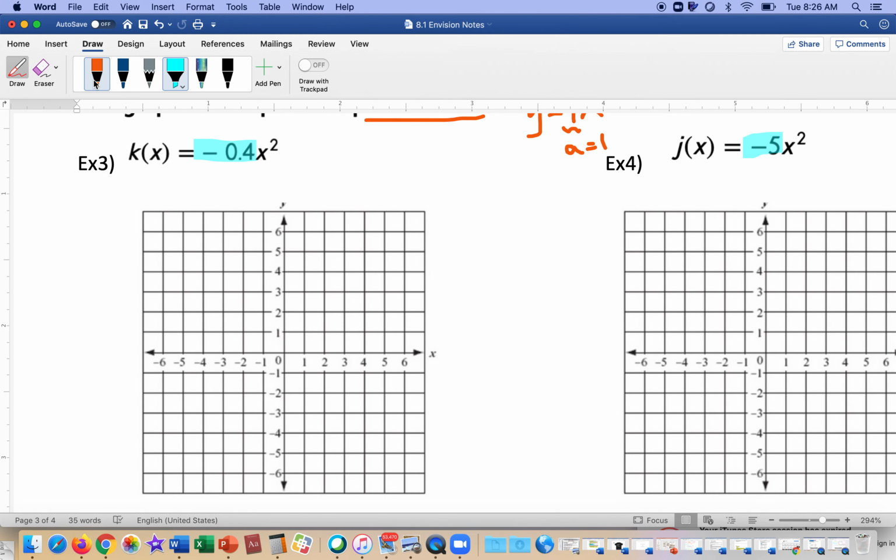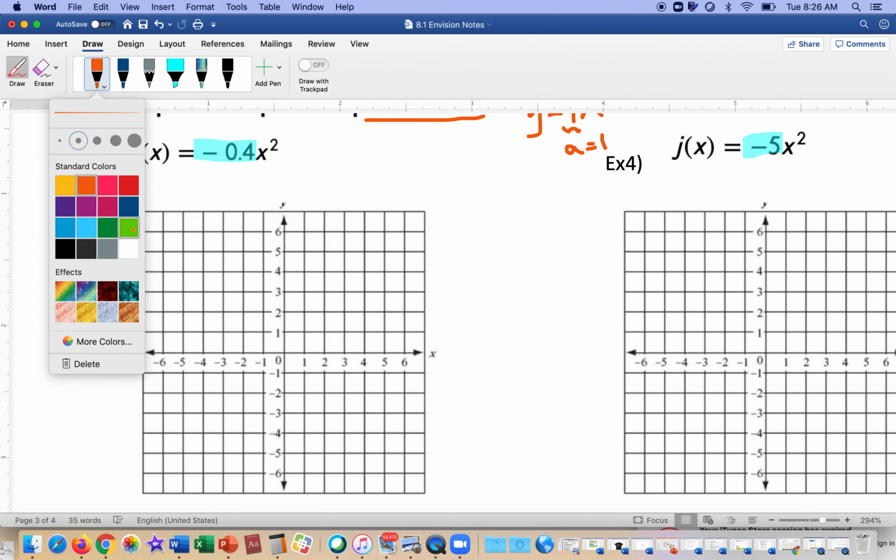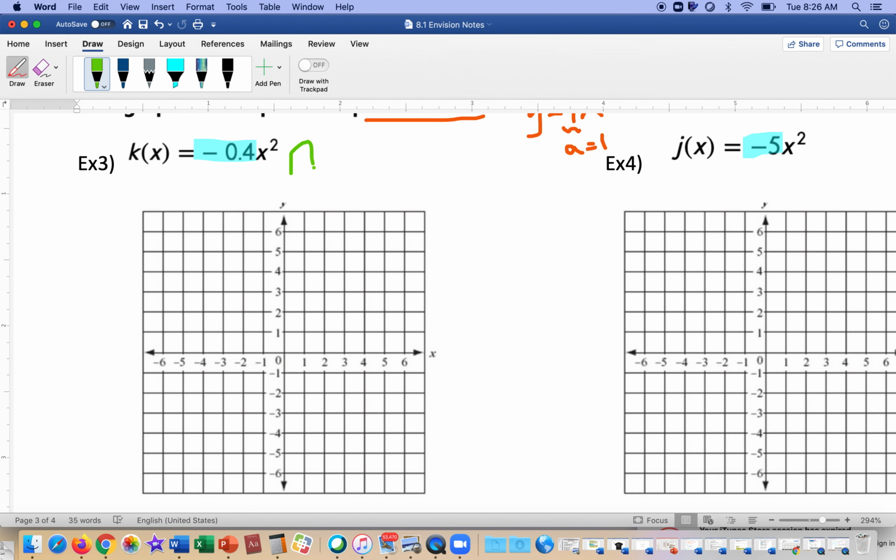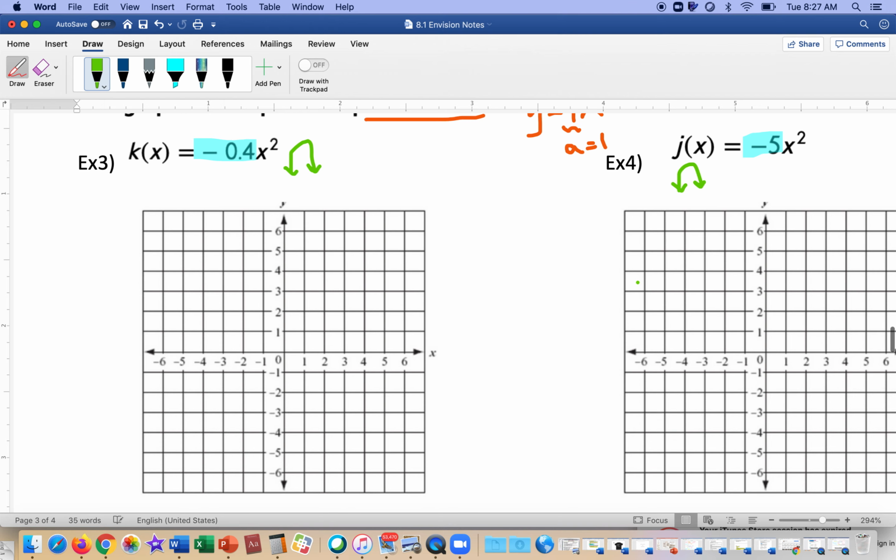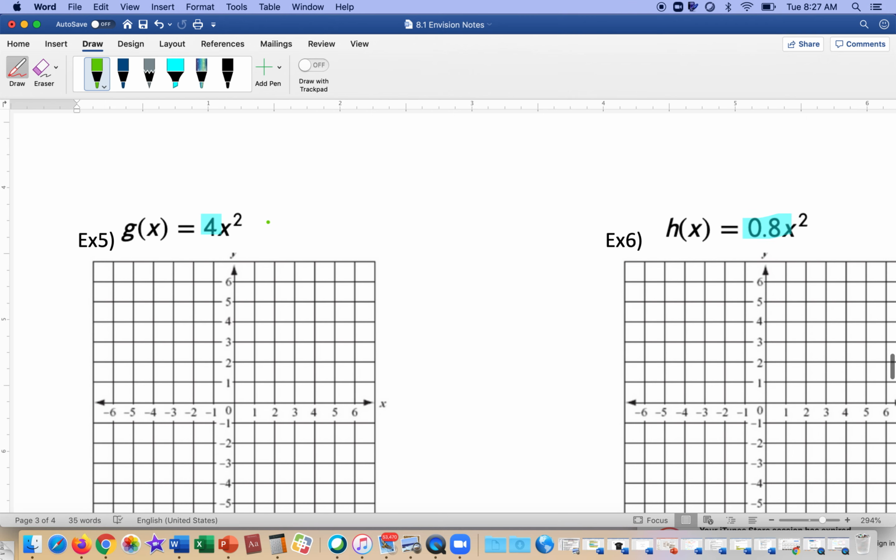For the first one, since a is -0.4, our graph is negative, so it's going to go upside down. For the next one, since it's negative, the graph is also going to go upside down. For the next one, because a is positive, it's going to open up, and the last one will also open up.